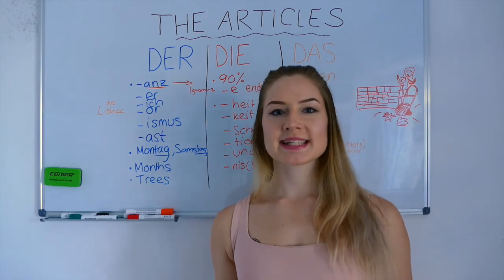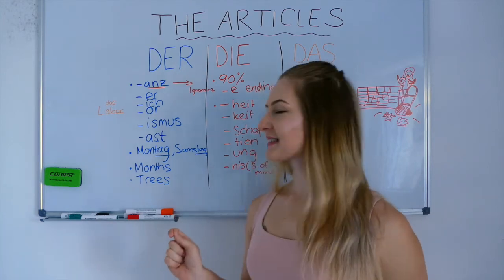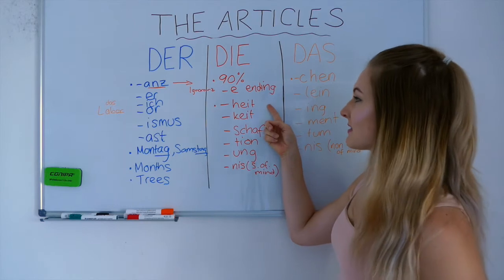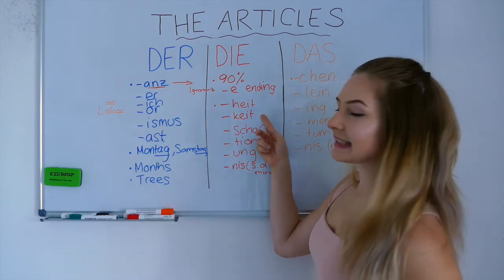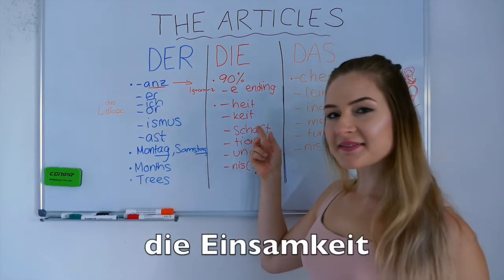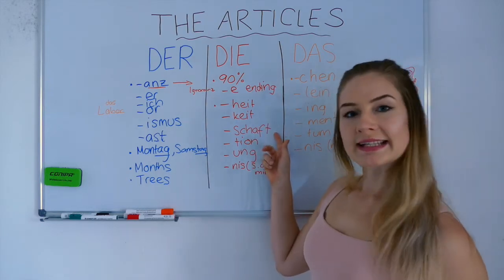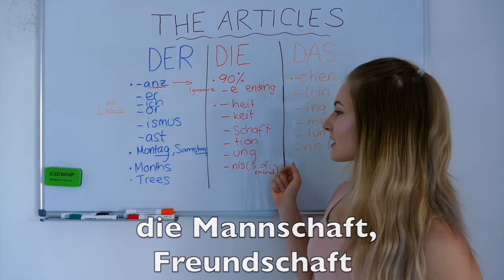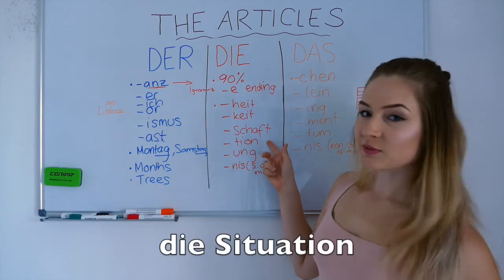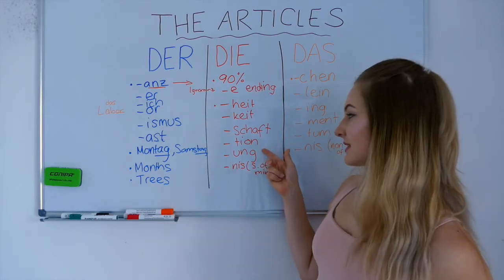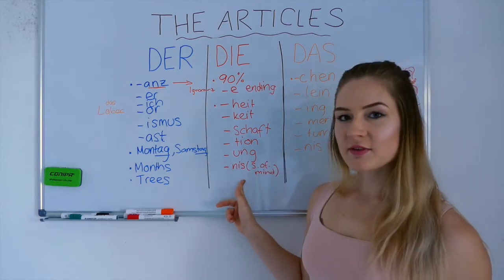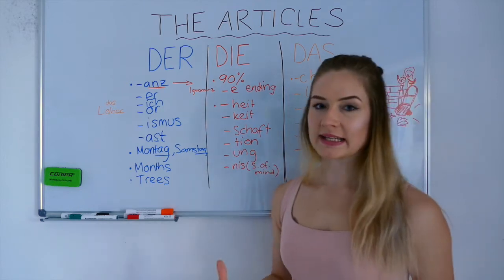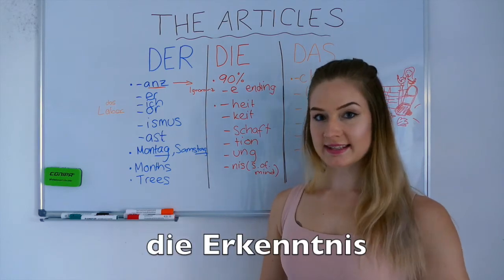However, there is one exception, and we'll get to that in a second. Then words ending in heit, so die Sicherheit. Words ending in keit, die Einsamkeit. Ending in schaft, like die Mannschaft, die Freundschaft, die Situation, die Versicherung, and the nis ending for things that are states of mind, like die Erkenntnis.